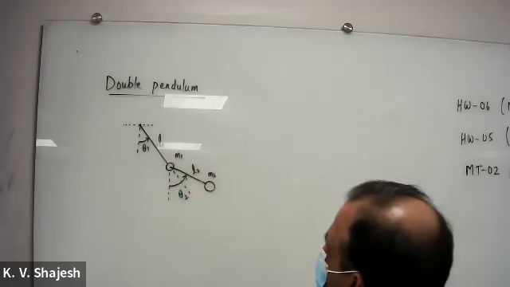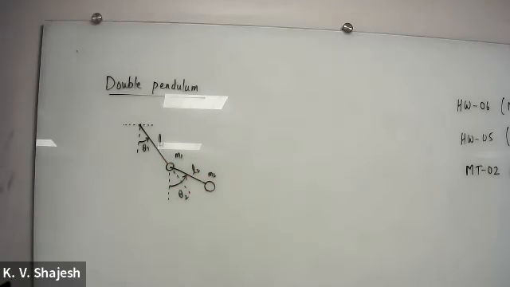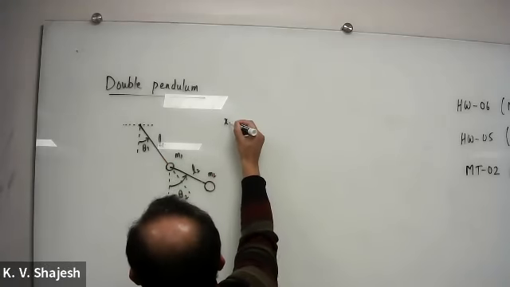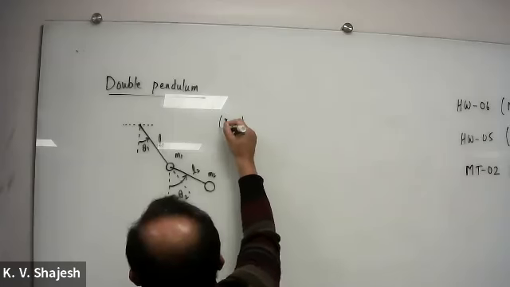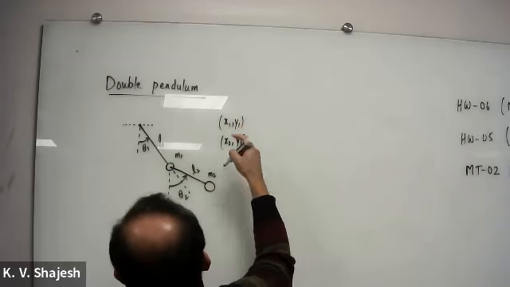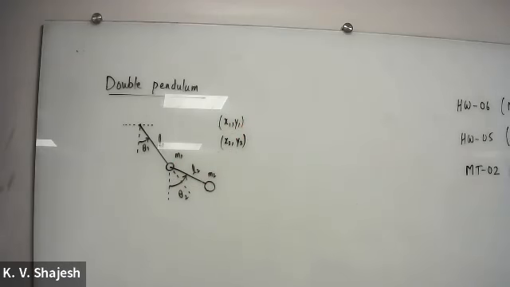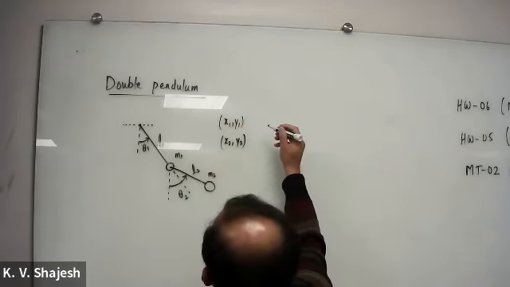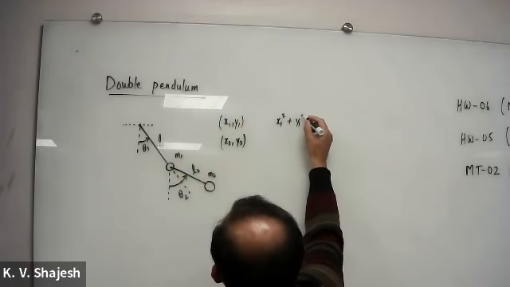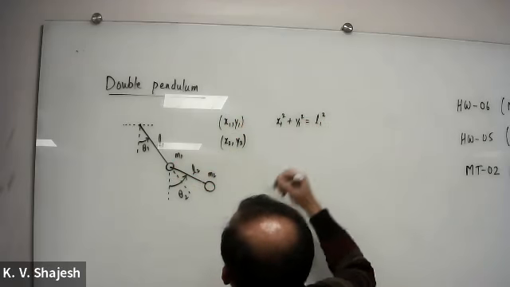It's clear the first point when you're doing Lagrangian is to get the coordinates clear. Which coordinates do you want to keep? One possibility is that you write x1, y1 for the coordinates for m1 and x2, y2 for the coordinates for mass m2, but it's clear that there is a constraint that x1 squared plus y1 squared is equal to L1 squared.